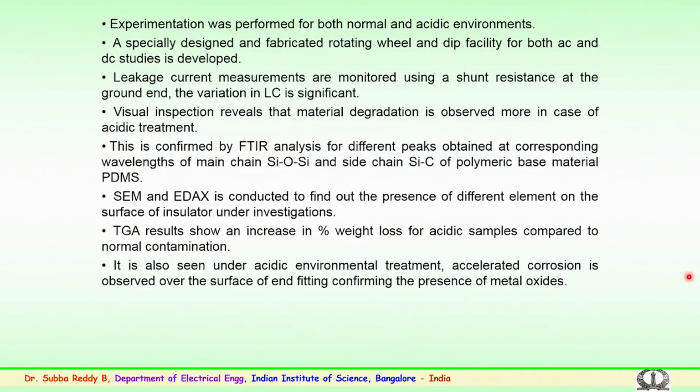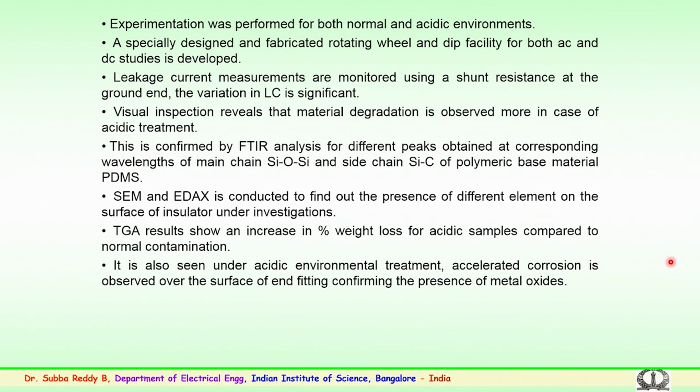Experimentation was performed for both the normal and acidic environments using the rotating wheel arrangement, a specially designed and fabricated wheel and dip facility for both AC and DC studies.